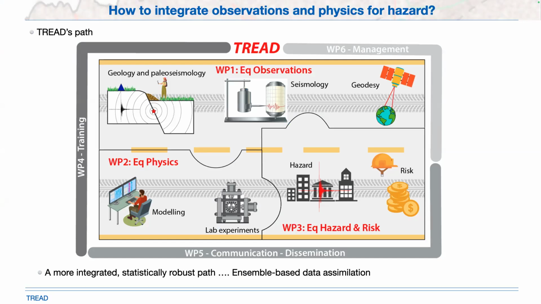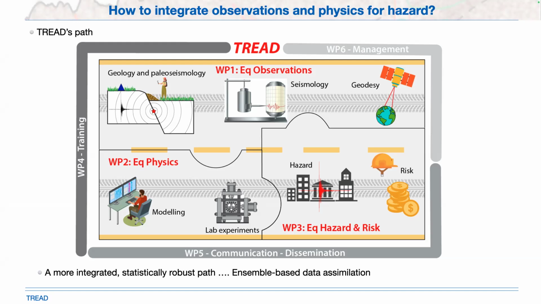Because in THREAT, we're trying to combine the observations that we do in work package 1 with the physics information and the physics-based models that we have in work package 2 in order to forecast and assess the earthquakes and associated risk in work package 3. So what data assimilation does is all of this in one integrated and statistically robust manner.